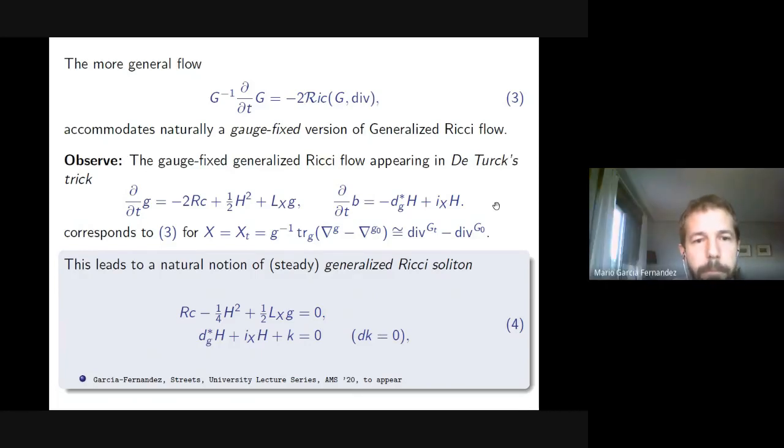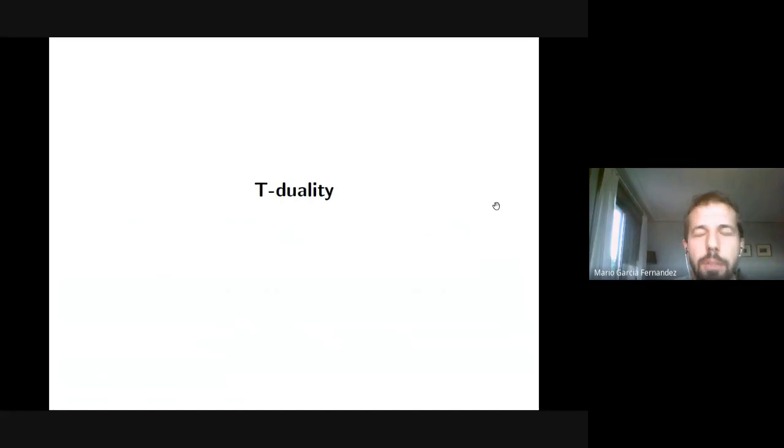Okay, let me move to T-duality. So why did I state this weird theorem? The theorem doesn't seem to say much. It's just, I discovered these B-field symmetries in the picture. But we knew that from physics. So what this is going to give us is a way of proving that the gauge-fixed versions of generalized Ricci flow are invariant under T-duality, which is a natural symmetry which appears in physics.